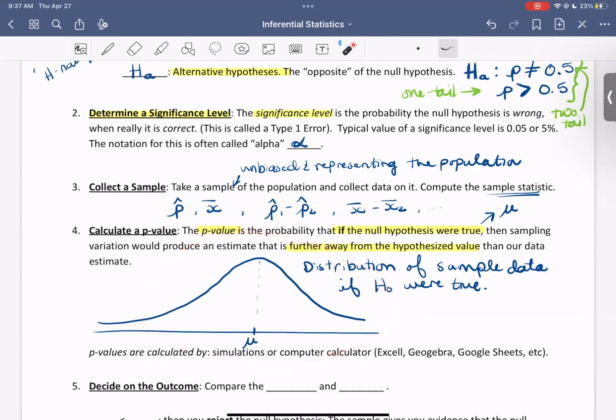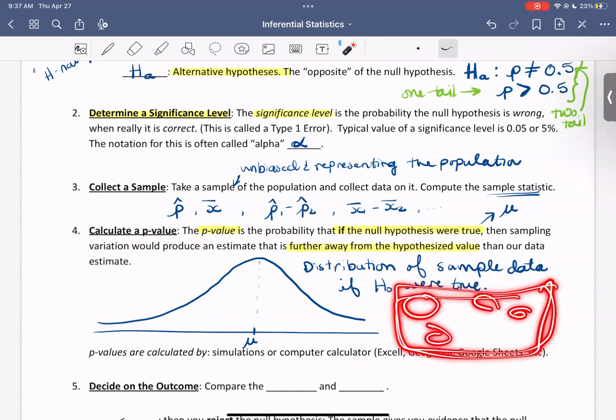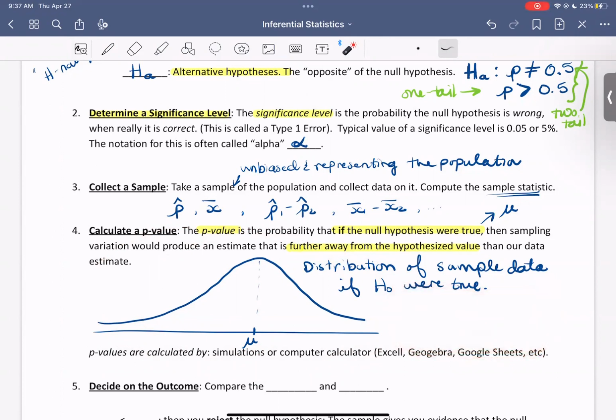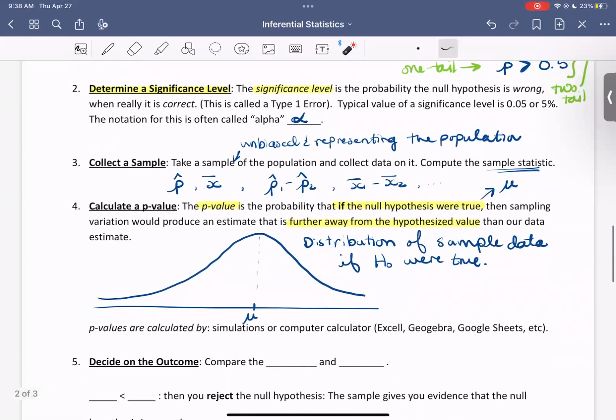So we assume that a population has a mean of mu, then we can do computer simulations and they will collect samples of this population. Here's our population. The computer will collect various samples of that population and then plot on this distribution the sample statistic. And so we get this nice curve like this. Okay, so this is if the null hypothesis were true.